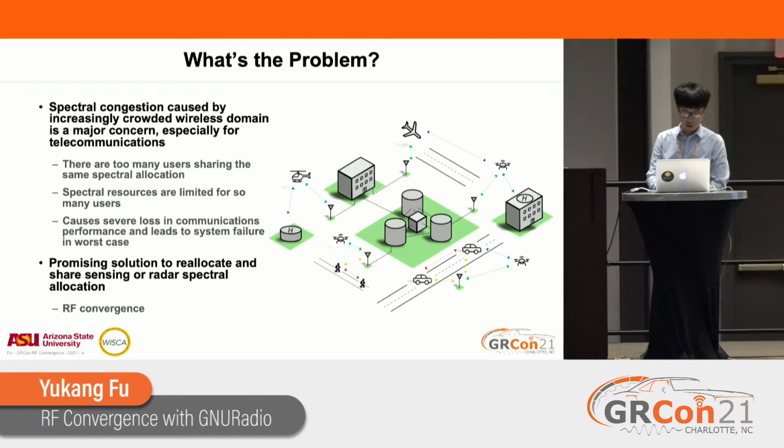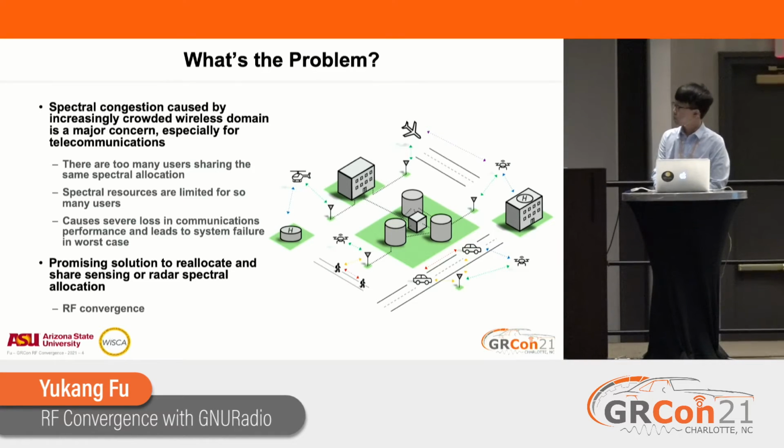However, spectral resources are limited for so many users. In the worst case scenario, it can cause severe loss in communication performance and lead to system failure. AT&T, for example, will slow your data speed if you don't have premium data available.